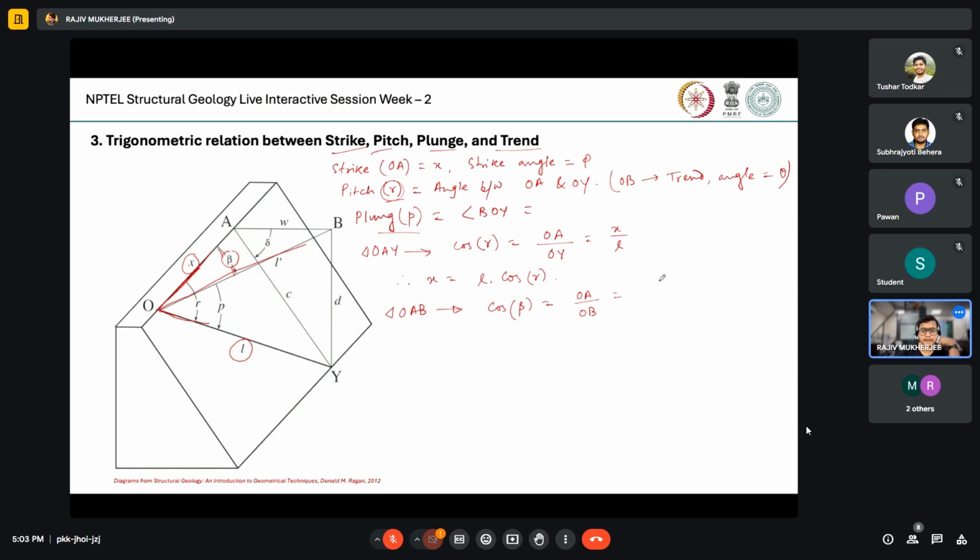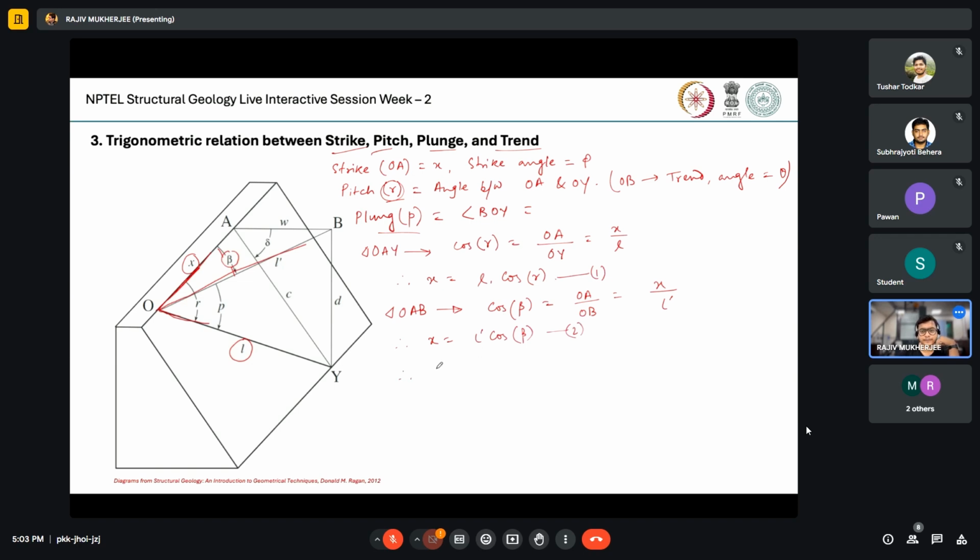That means X by L prime. Therefore, X is equal to L prime cos of beta, right? So if this is 1 and if this is 2, we can equate them.